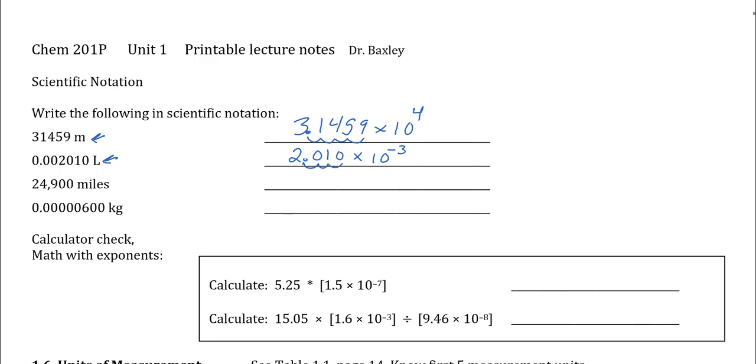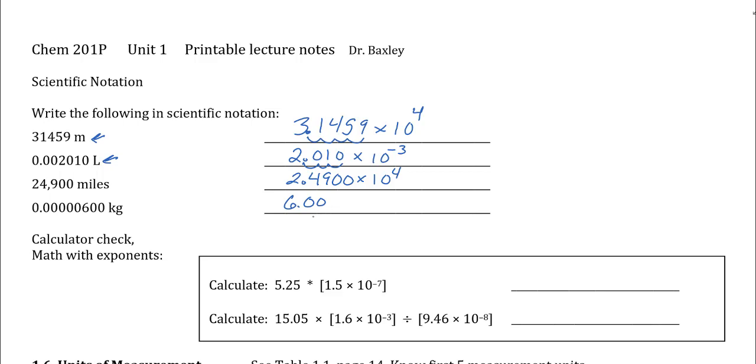In the next example, this is similar to the first one. This will be written as 2.4900. We'll ignore significant figure rules for now. And that number would have to get multiplied by 10 a total of 4 times. The next number, again, we'd write it as a single number before the decimal point, and then the 2 trailing zeros.